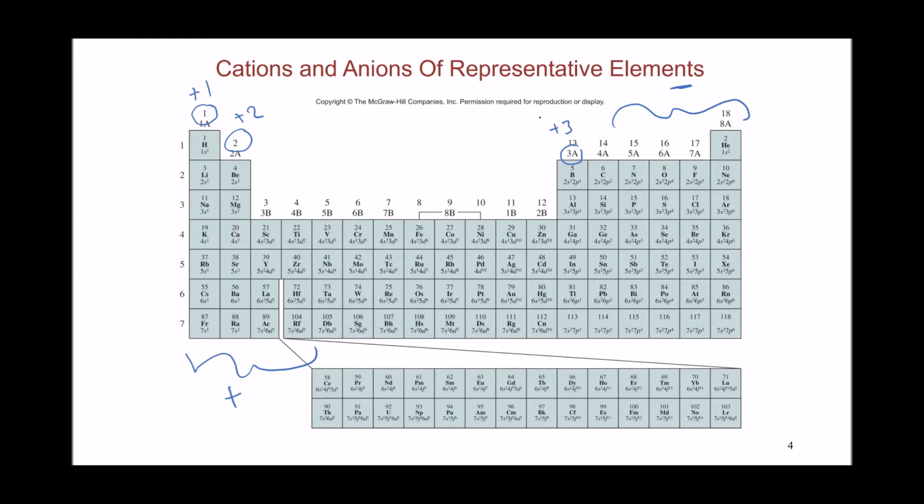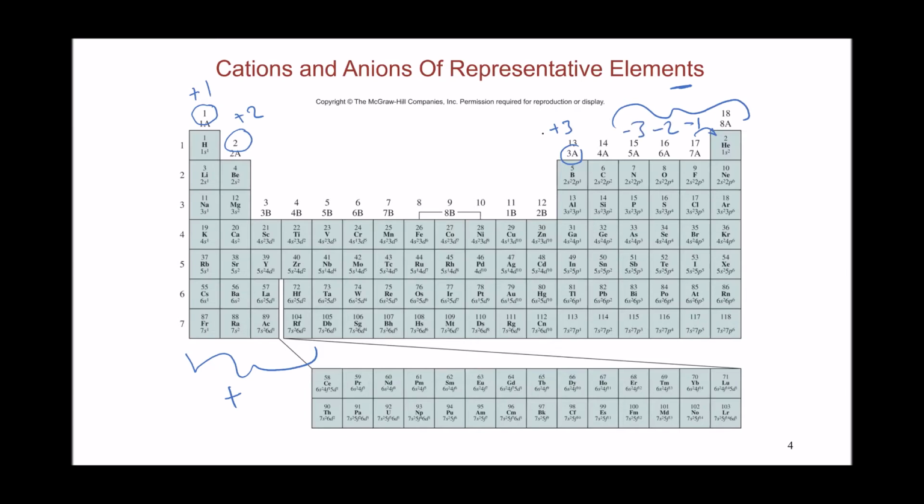On the other hand, it is 1 electron away for group 7 from the next noble gas. So that's why it gains just 1 electron and becomes -1. Group 6 is 2 electrons away. So it needs 2 electrons, it gains 2 electrons, and so on.